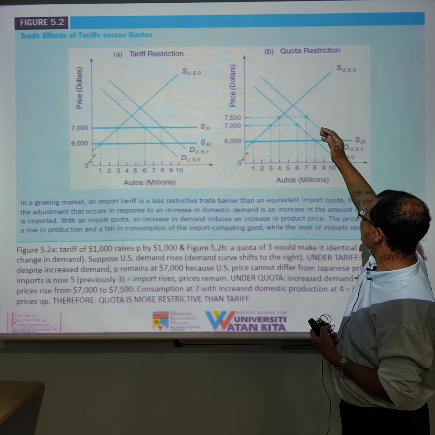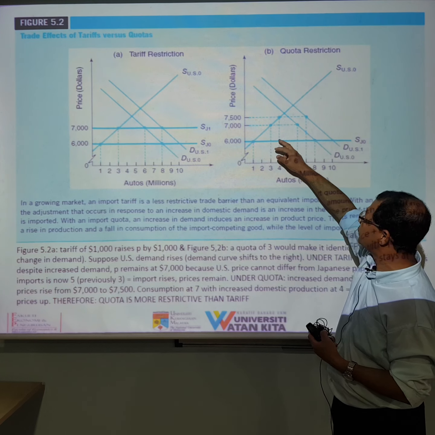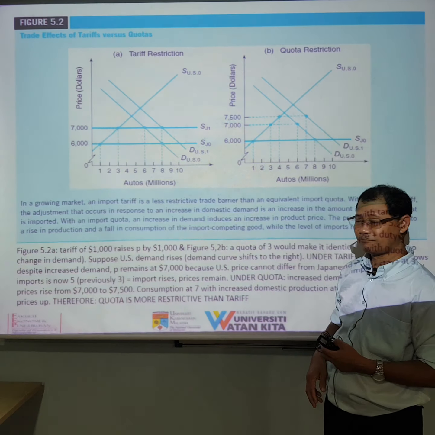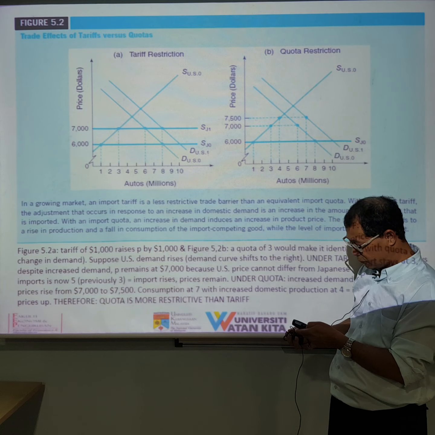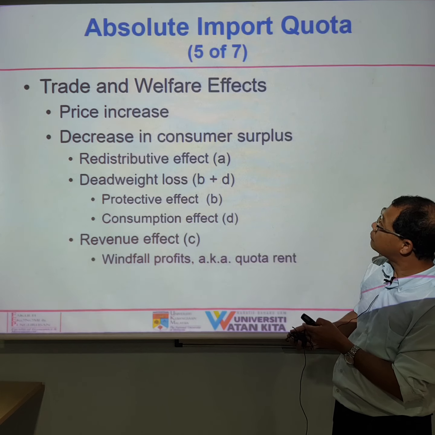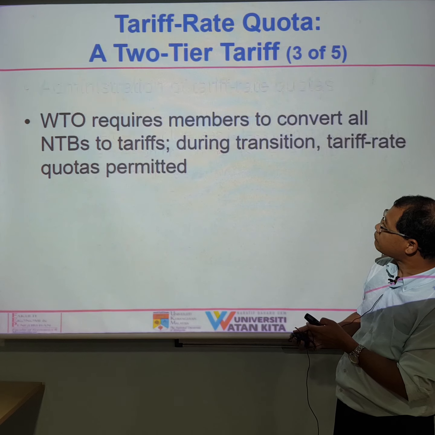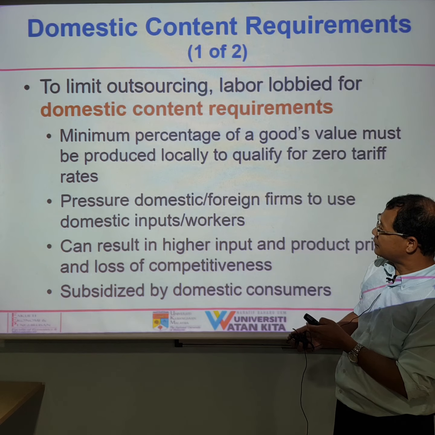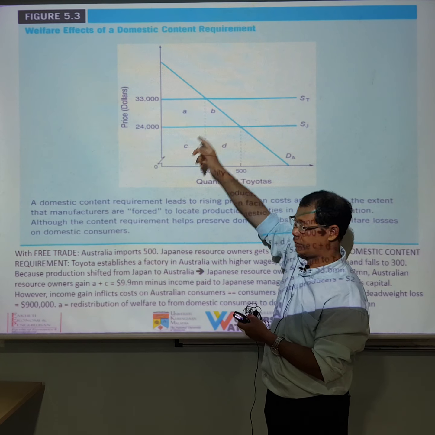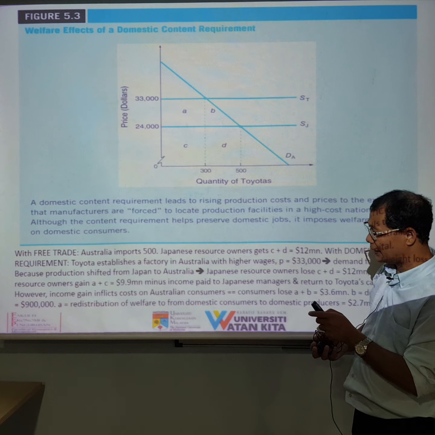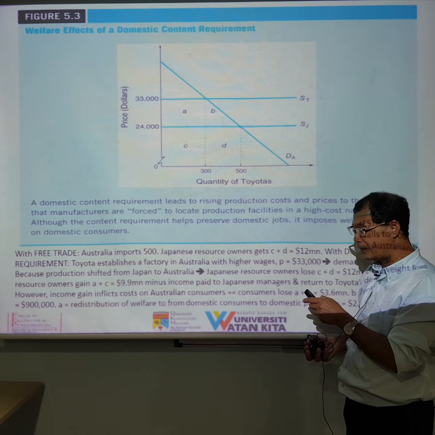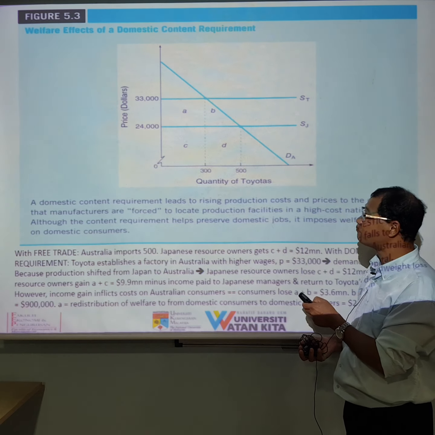If demand increases at a high price, the deadweight loss is still here, so quota is worse. However, the domestic requirement has only one section of deadweight loss. So it's not as bad as a tariff, or definitely not as bad as a quota.